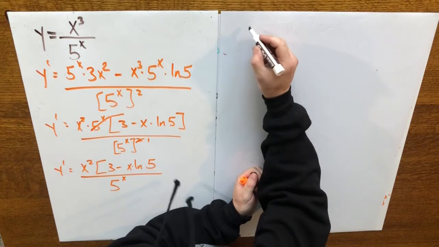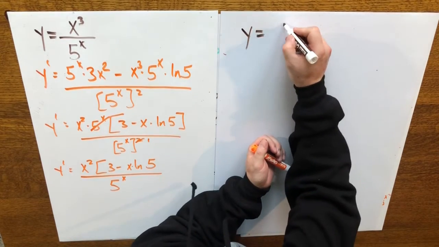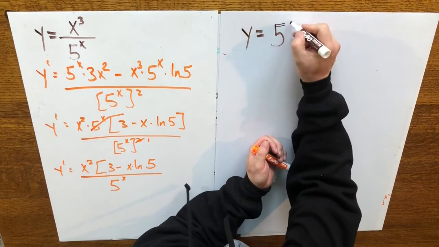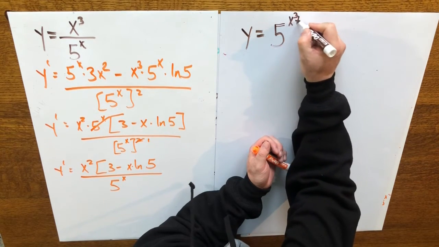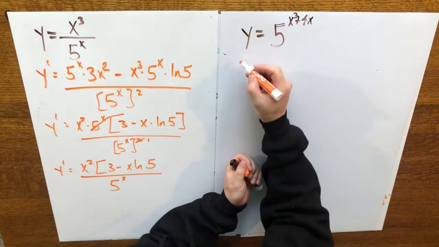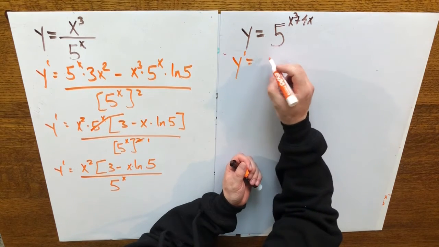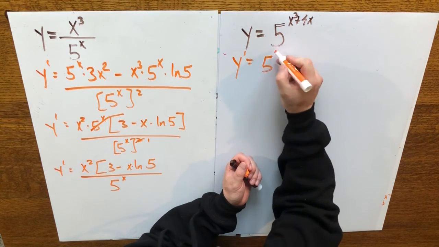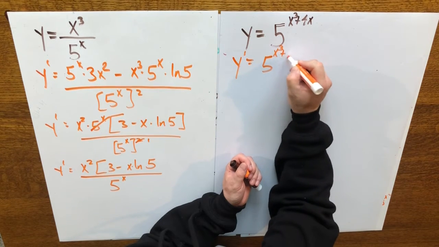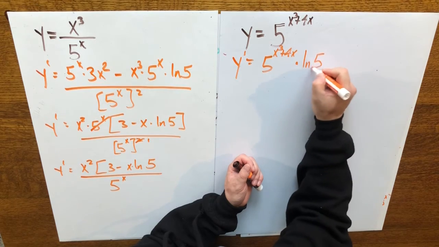Let's see what happens when we make the exponent more complicated. Y prime equals 5 to the exponent, so notice that doesn't change, times the ln of 5, the ln of the base.